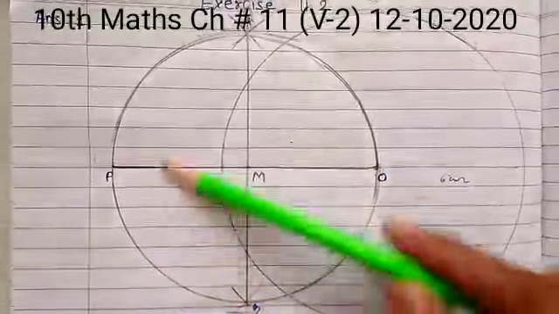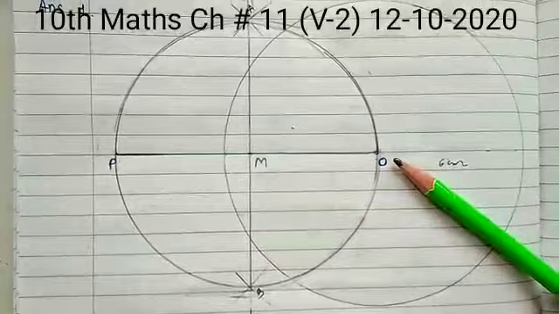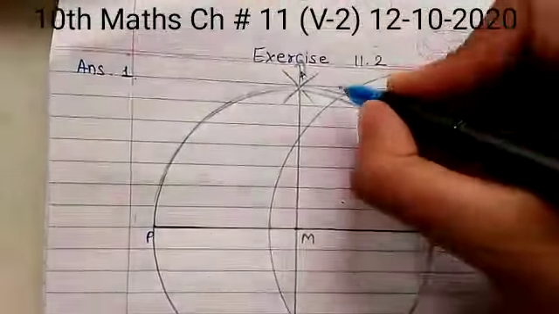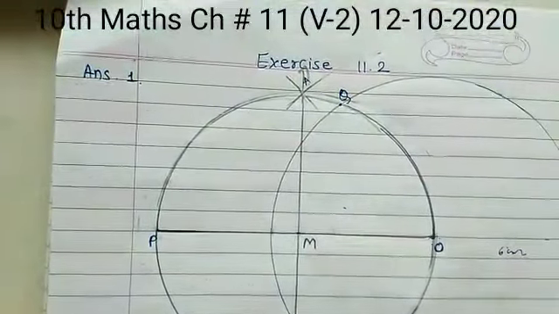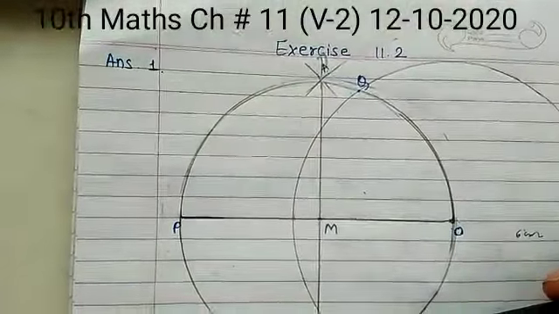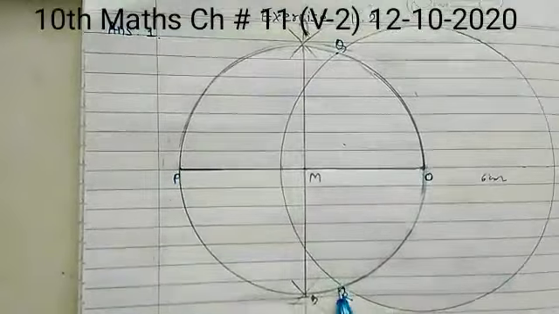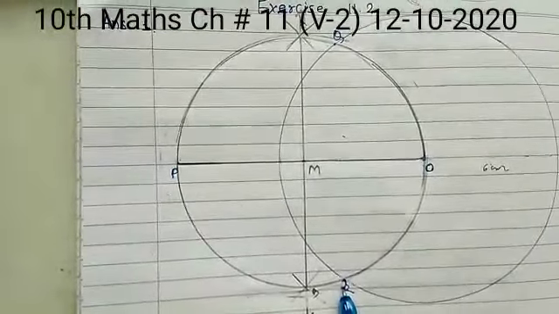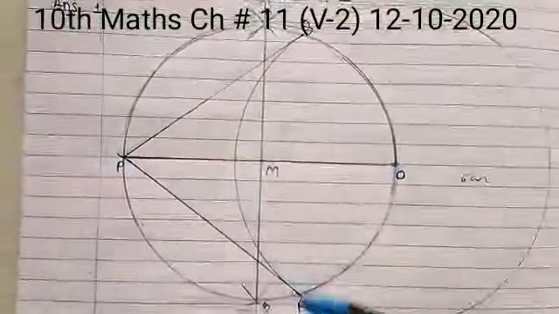Now this second circle will intersect the first circle at one point that we name Q and another that we name R. Okay, so PQ and PR are the tangents to the circle. Now we will join PQ as well as PR, because both are the tangents to the circle.